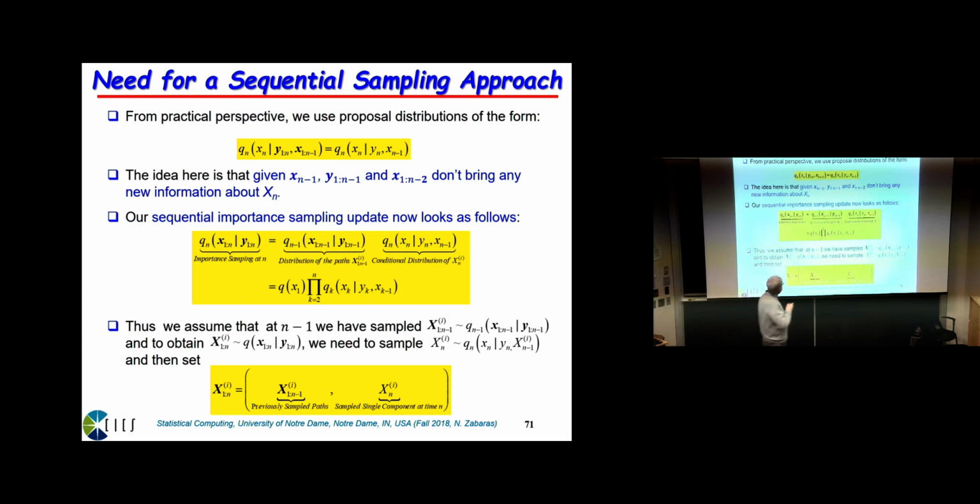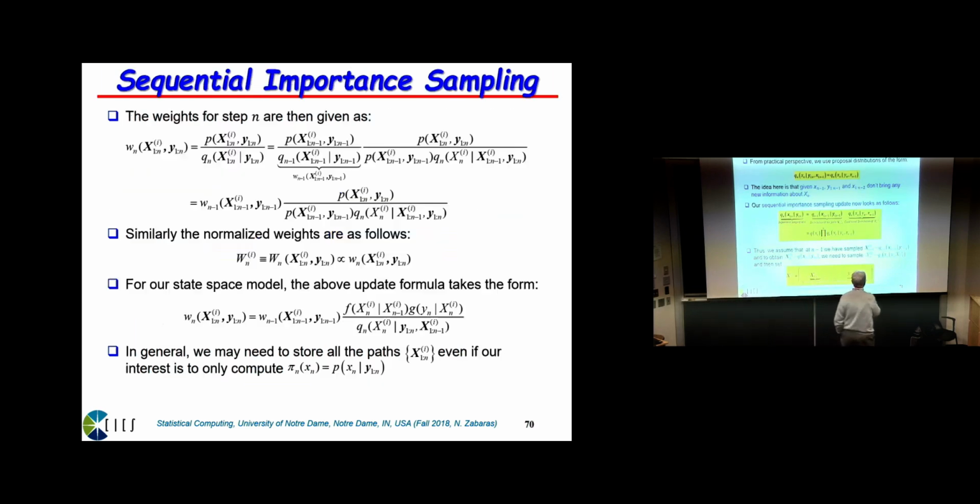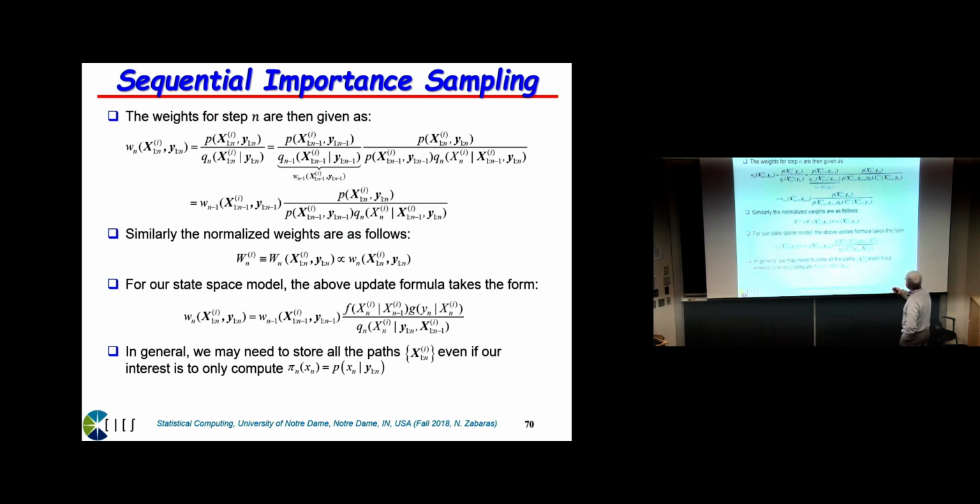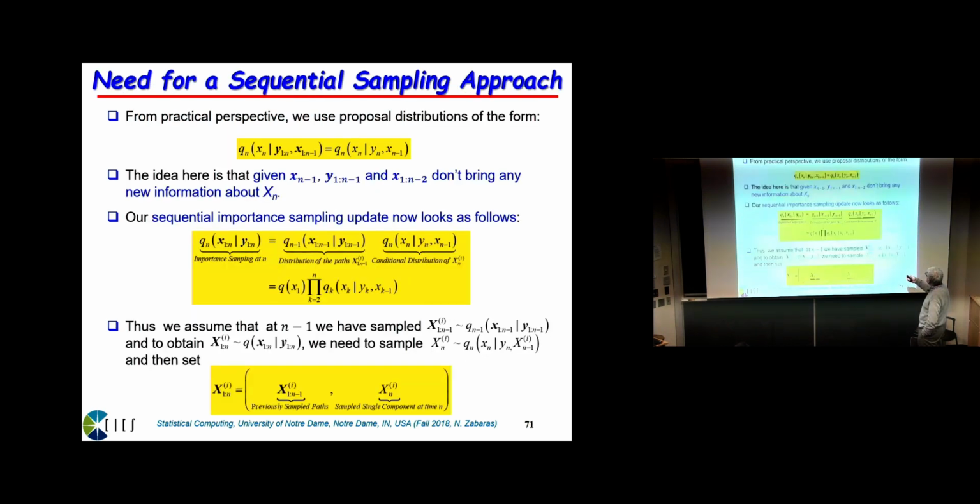So in other words, before, if you remember, all right? There was dependence on all the data up to time n, and dependence on all the particles from 1 to n minus 1. And now we're going to say, nope, let's use only the previous xn minus 1, and let's use the current data point yn.